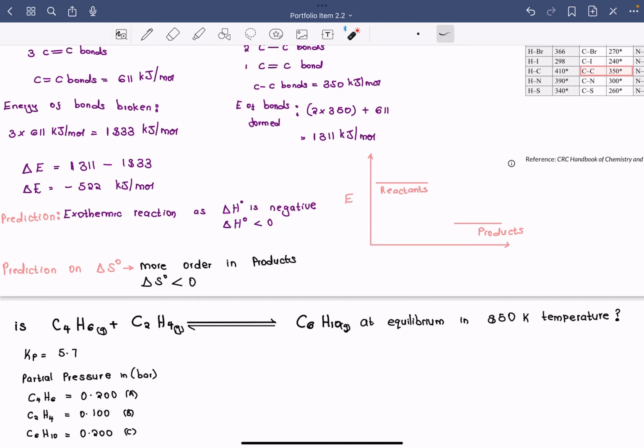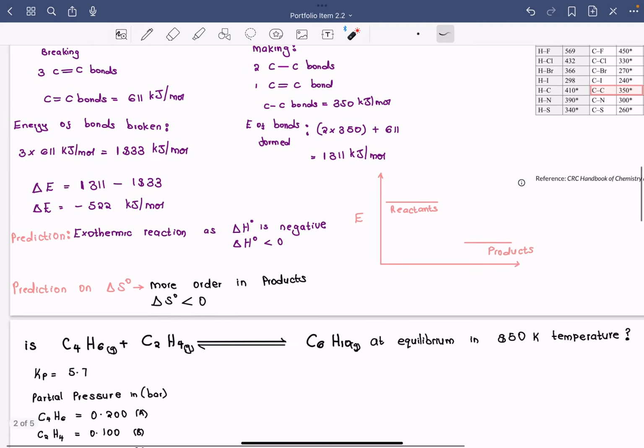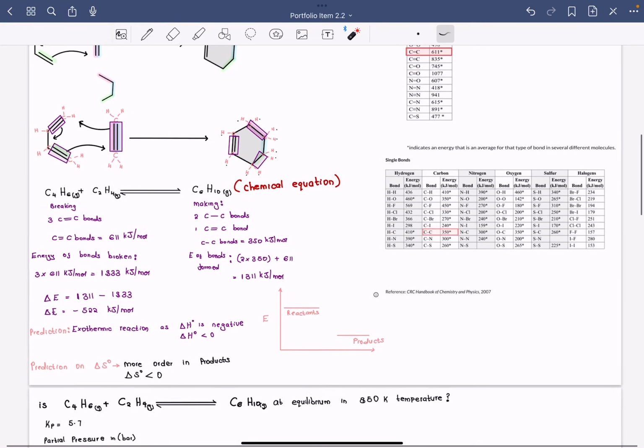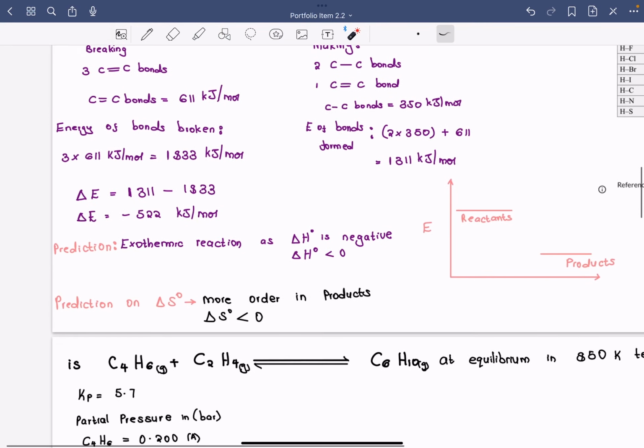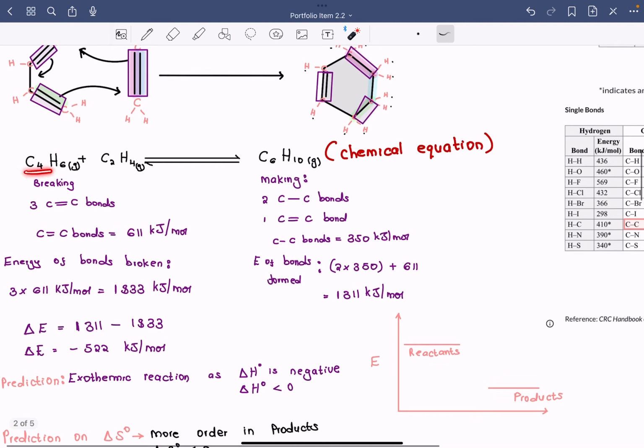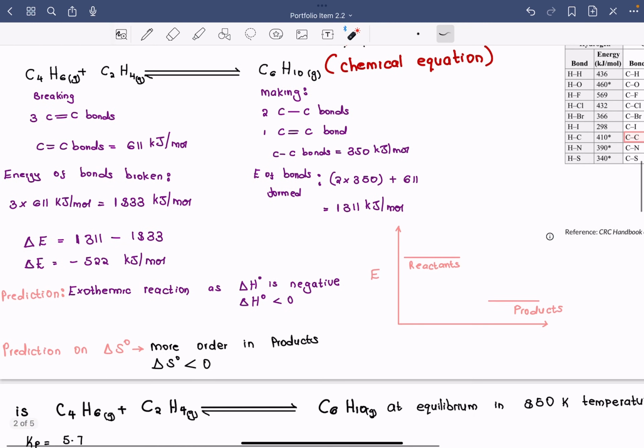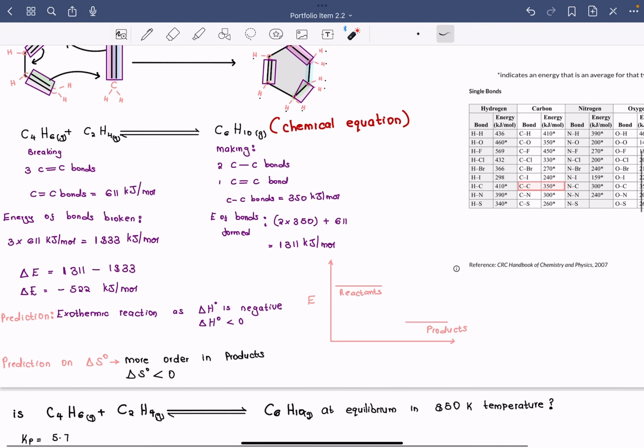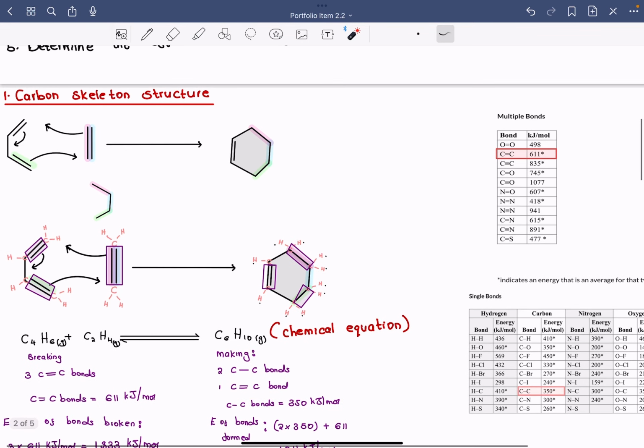And since we cannot find our structures in a delta S table, we are just going to look at the structures. So we have two things that are reacting to form one thing.